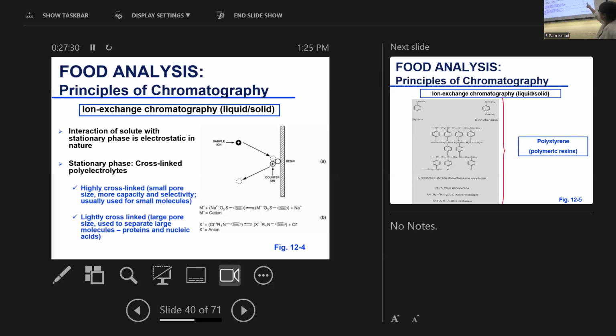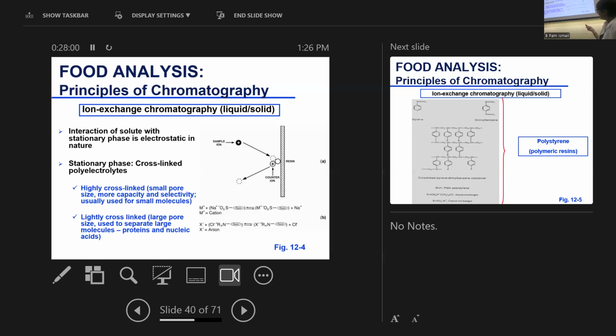And then now you would have a functional group on that polymer, so polyelectrolytes, either negatively charged, O minus here, and then you have your cation, a molecule that is positively charged and displaces a sodium ion and interacts with your stationary phase.